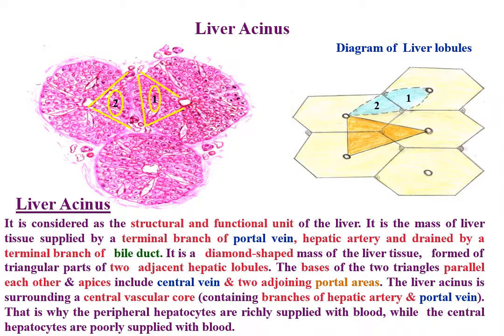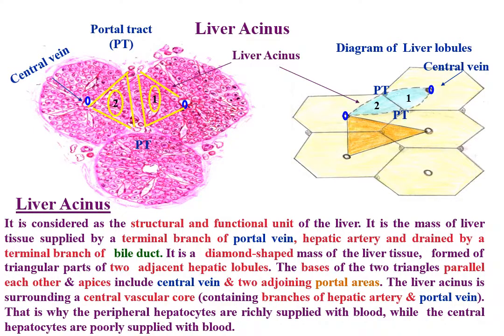The bases of the two triangles parallel each other, and the apices include the central vein and the two adjoining portal areas.